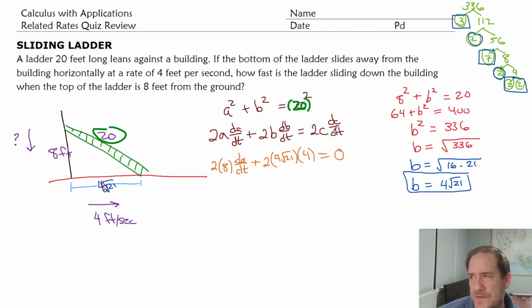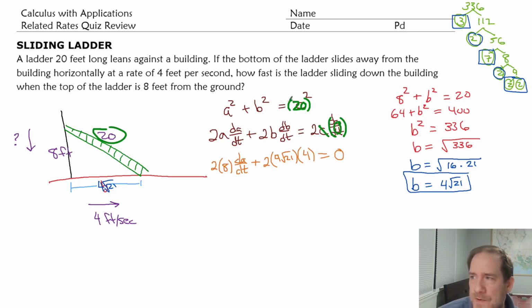And you can kind of see why here now. It's because if I differentiate this 20, I get 0. But even if I left it as a variable and got 2c dc/dt, well, the dc/dt would be 0 because it's the rate of change of a constant. And then whatever the value of c is would be irrelevant because 0 times anything makes 0 anyway.